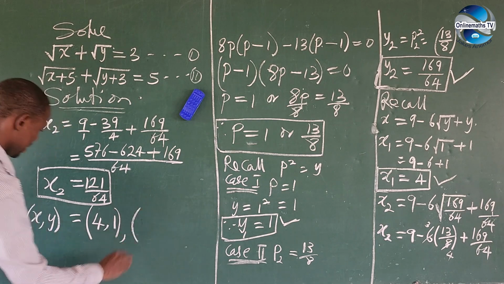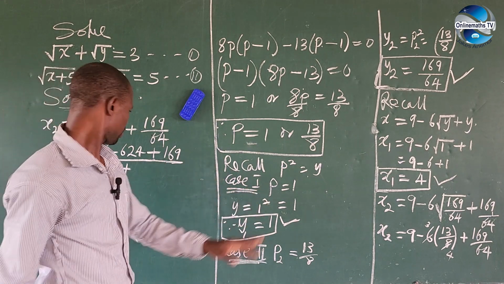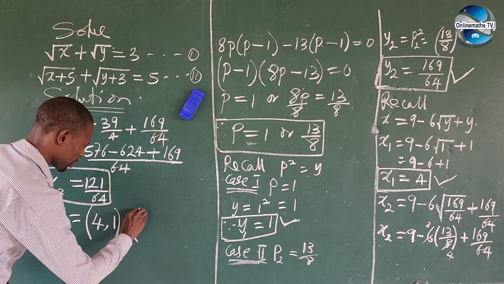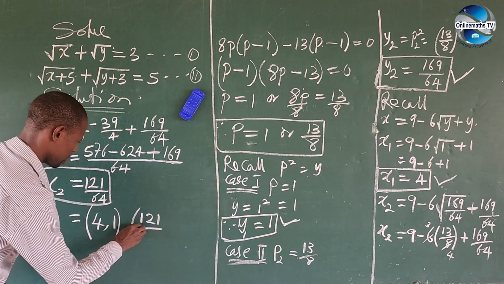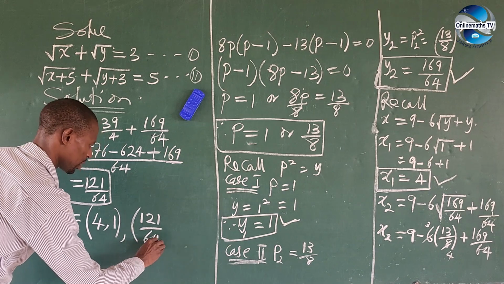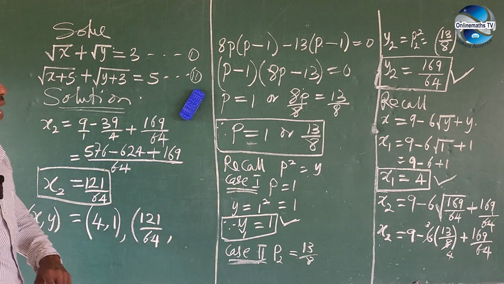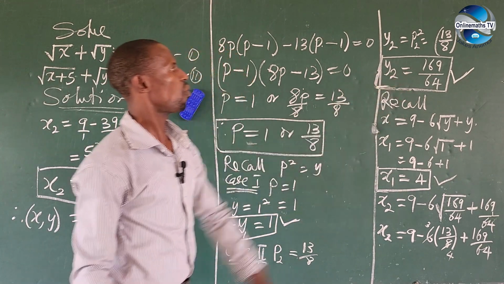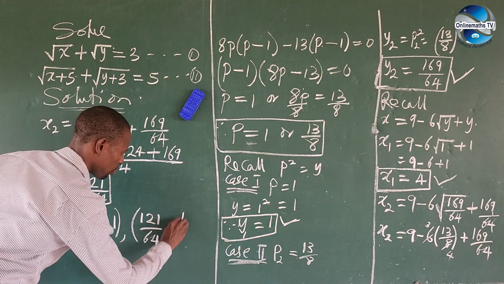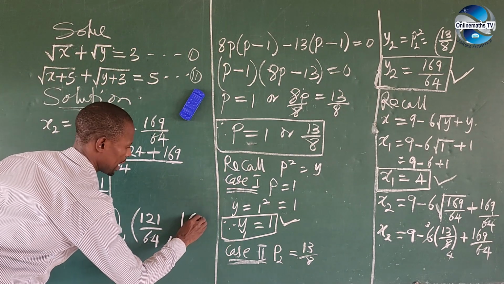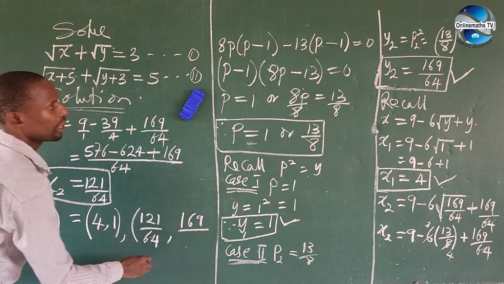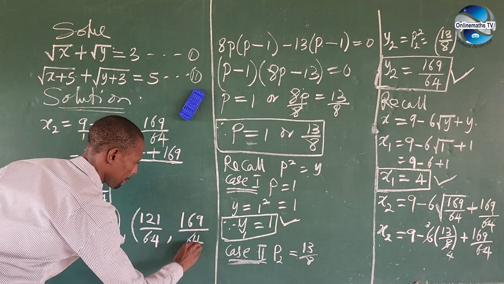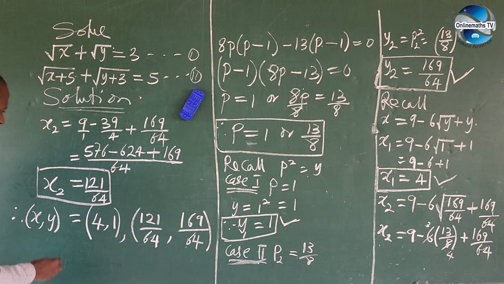Then again, our x2 is what we solved for: 121 all over 64, comma, and our y2 is 169 all over 64.